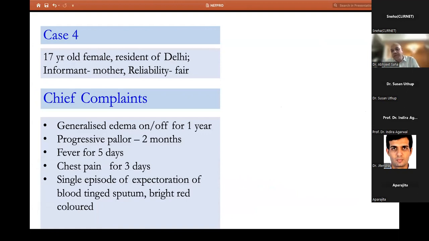So you can see with these three cases, the application of the estimation of GFR in managing day-to-day cases in your clinical practice, identifying with the modified Schwartz formula, the KDIGO definitions of acute kidney injury and chronic kidney disease.